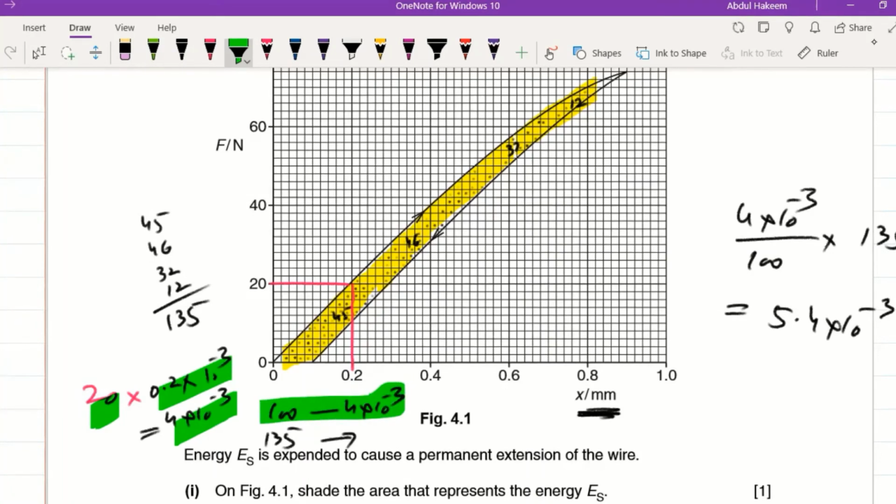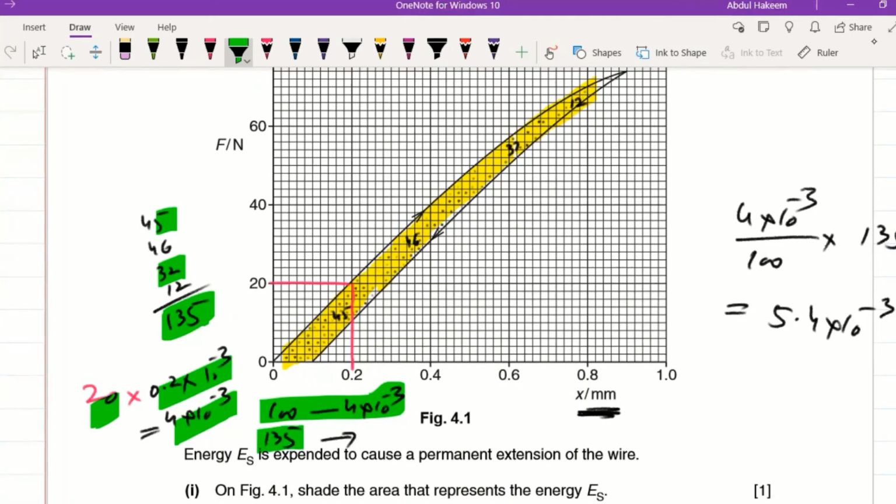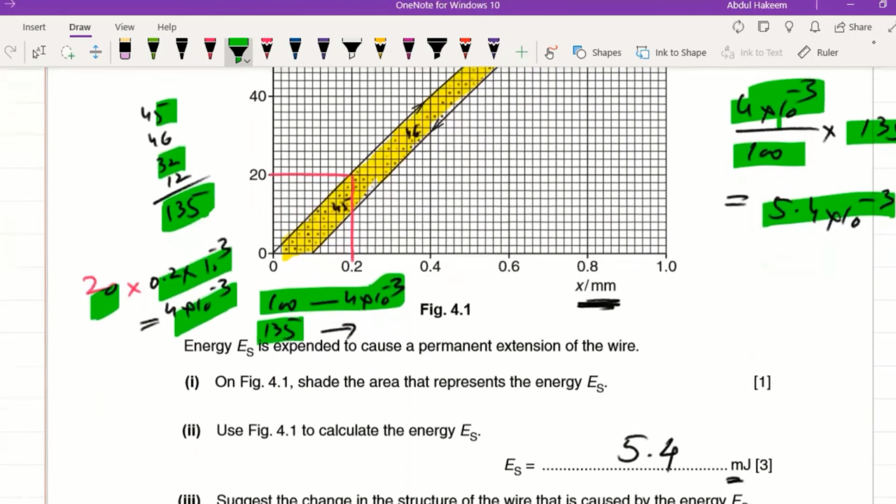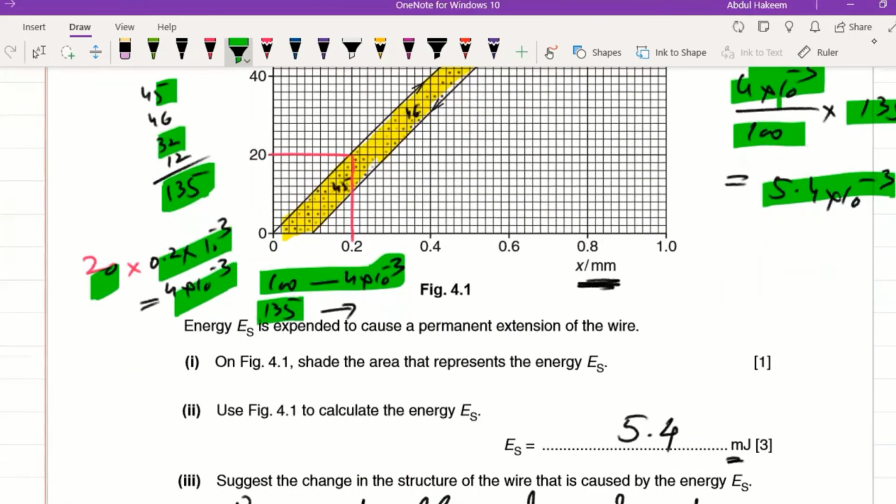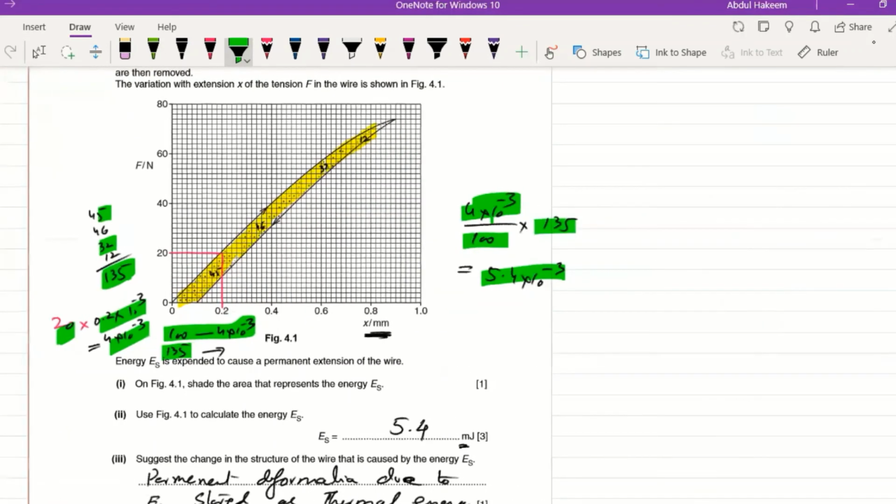And then we will count the number of boxes of the shaded area, and they come to 45 plus this, approximately 135. You have to count half and above boxes. If it covers less than half a box, ignore it. So how much area is covered by 135? The calculation is 4 × 10 power minus 3, divided by 100, multiplied by 135. This is the answer. So it is 5.4 millijoule.